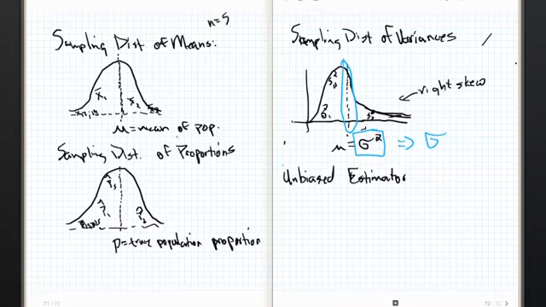In other words, if the mean of the population is mu, the sampling distribution of means gets sucked to that mean, not some other value. And that is referred to as an unbiased estimator. In other words, sampling distributions of means, proportions, and variances are unbiased estimators. They head to the parameter.